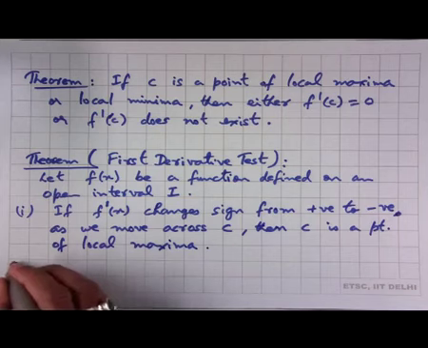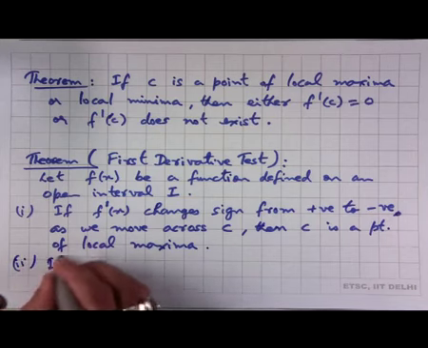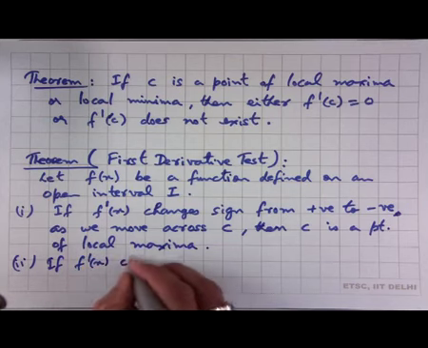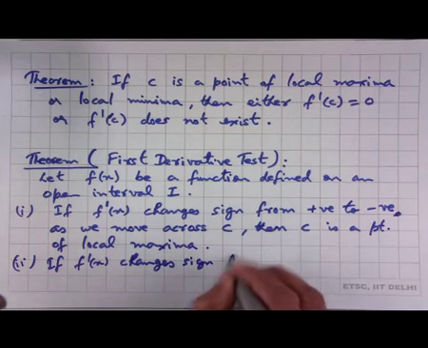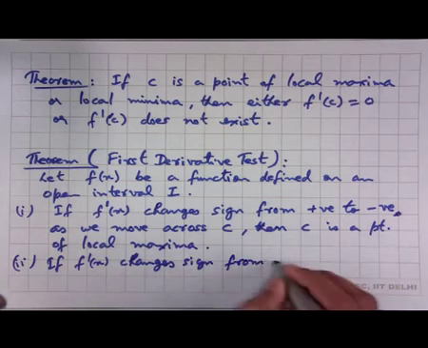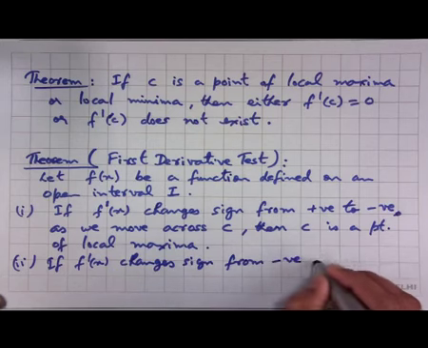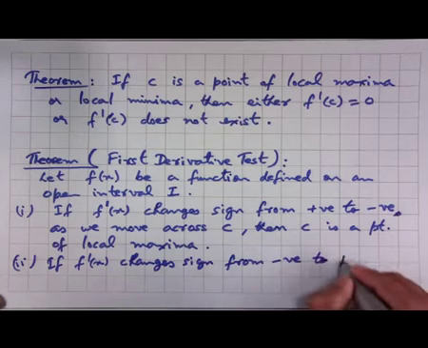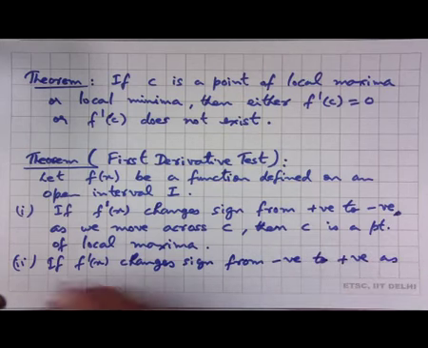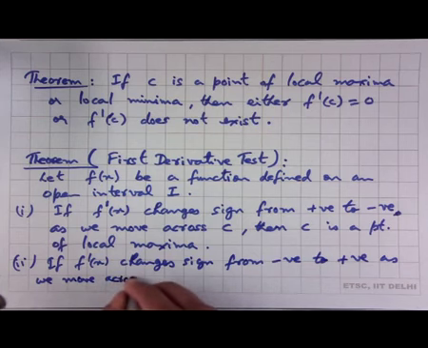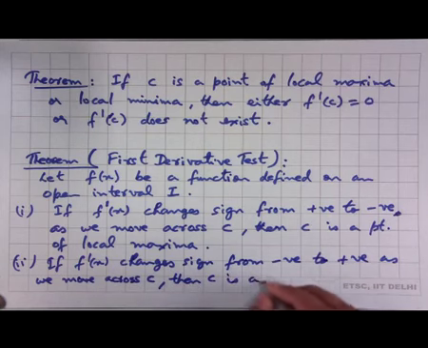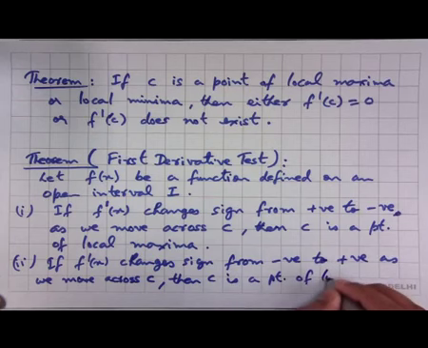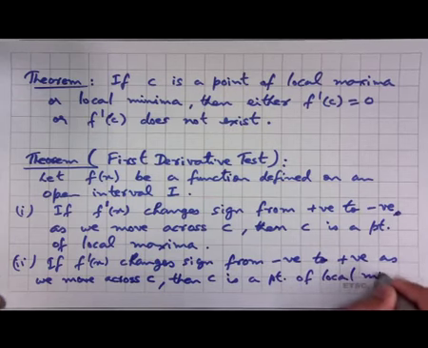Similarly, if f prime x changes sign from negative to positive as we move across c, then c is a point of local minima.